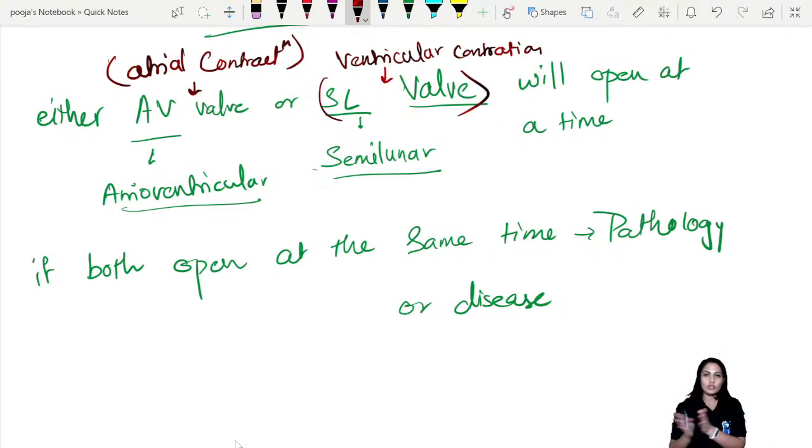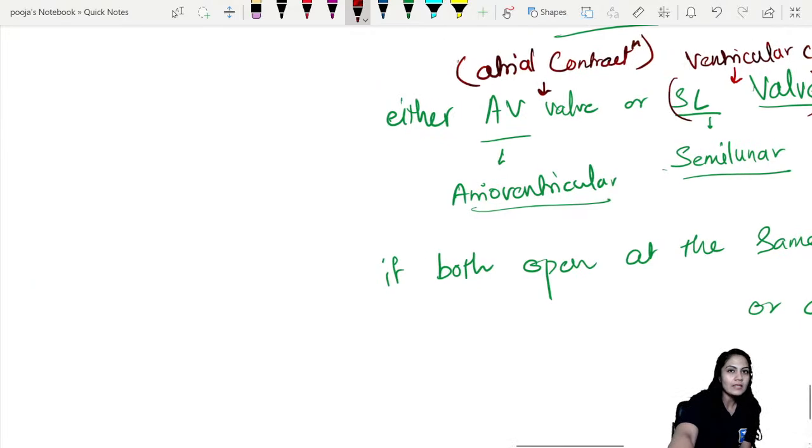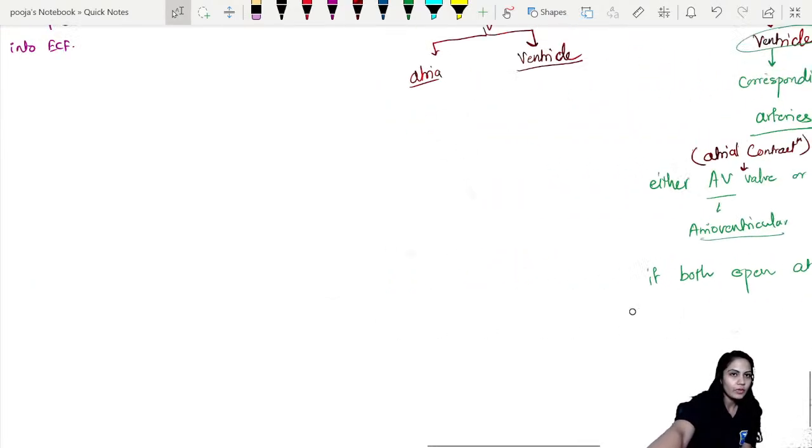Both ventricles contract at the same time, both atria contract at the same time, but the atria and ventricle contract at different times, right? And according to them, whenever they are contracting, the AV valve or the SL valve is going to open up. That's how the cycle works, and thus it is known as the cardiac cycle, right?